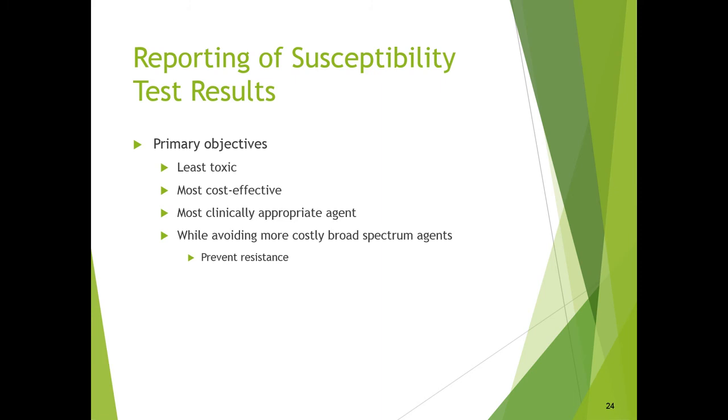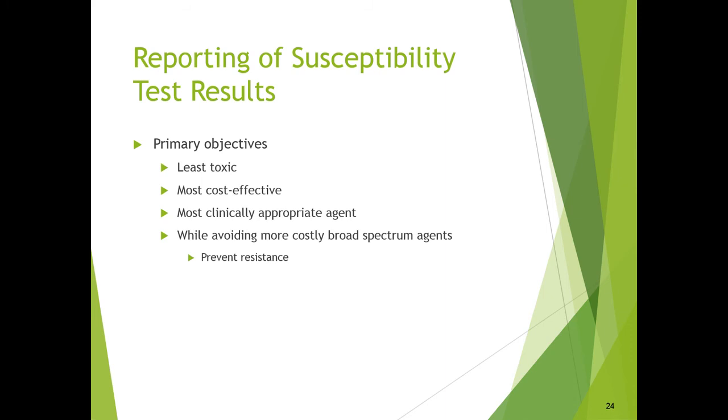And then you want to avoid using very expensive broad-spectrum antibiotics. Broad-spectrum antibiotics, if you think about the name, are going to work against a wider array of organisms as opposed to a narrow-spectrum antibiotic that's only going to work against a smaller number of organisms.